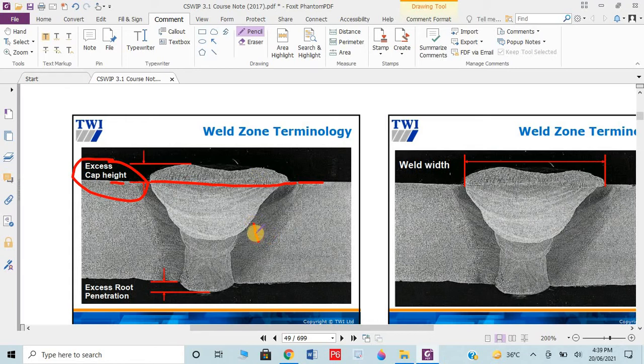If I mention the equation here, actual weld is equal to design welding plus excessive weld. So actual weld is this, from that point to here. Design welding up to here from the root plus excessive welding is known as actual weld.